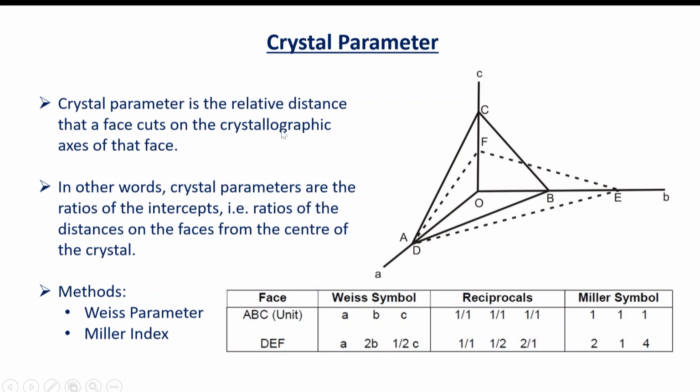So your Weiss parameter is the relative distance that a face cuts on the crystallographic axes. Always in crystallography, remember, we are talking about a three-dimensional reference frame. So if one face is cutting all three axes like this, then it will cut at a certain unit distance of, for example, the A axis, that is going from my end to your end.